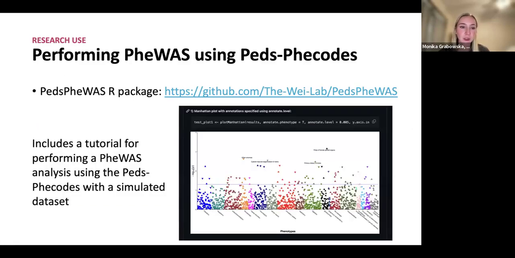Essentially, we have a tutorial for how you can perform a PheWAS analysis using the PEDS Phecodes with simulated data that we have. And so you can work through the steps of formatting the data and getting to the point of having a Manhattan plot showcasing the associations between a genetic variant and the phenotypes that we have represented here.